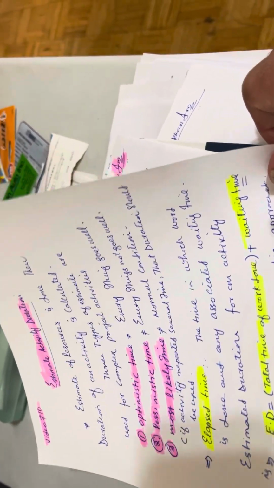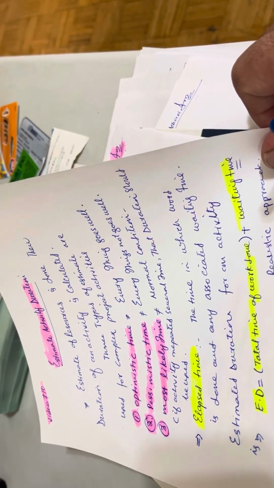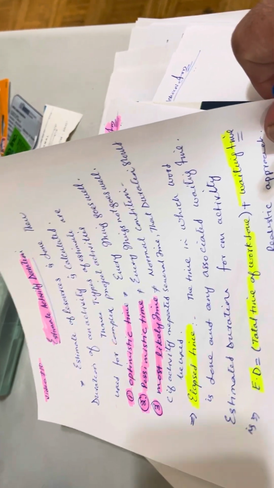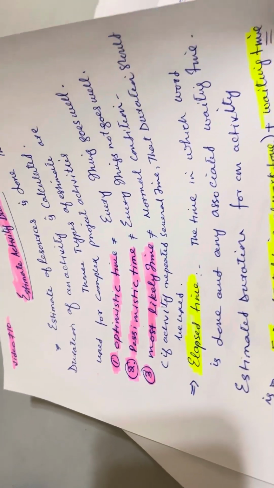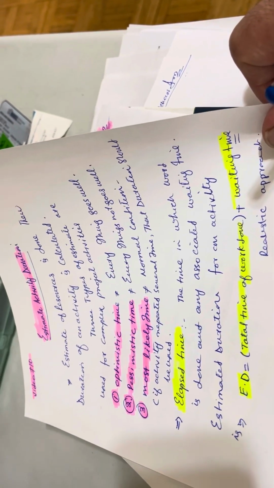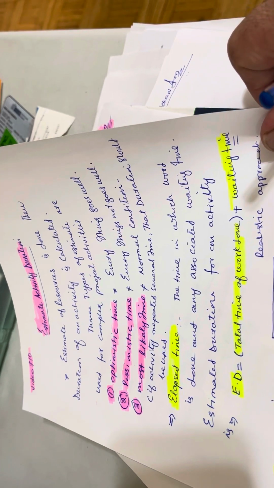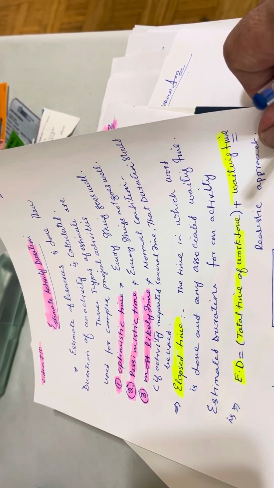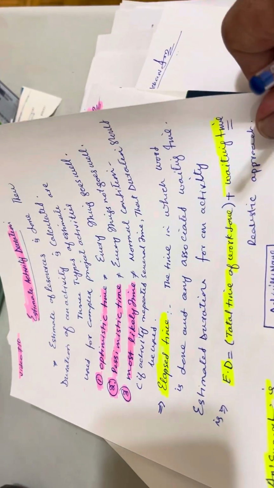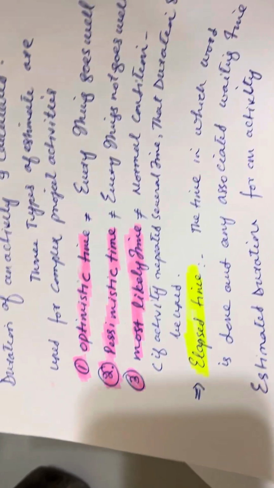So 12 plus 16 plus 14 is how much? 12 plus 16 is 28, and plus 14 is 42. When divided by 3, the average comes out to maybe 13 or 14 days. So that's the mean.